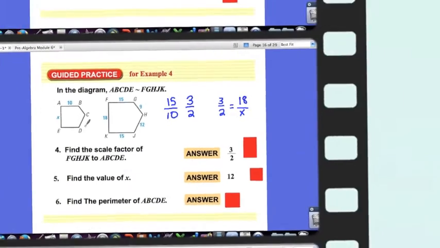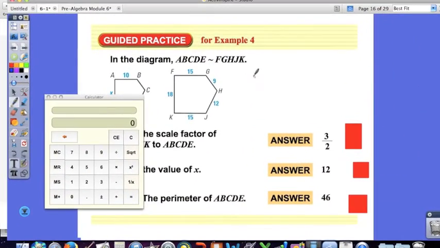So rather than finding all of it, it's 3 over 2. When I add this up, it's 18 plus 15 plus 9 plus 12 plus 15 equals, and I can check in my calculator that I've done them all, 69.